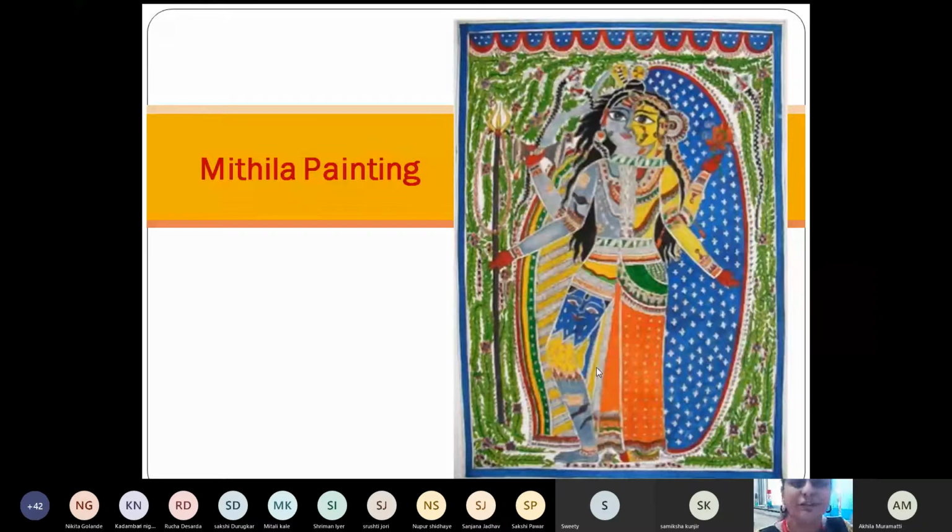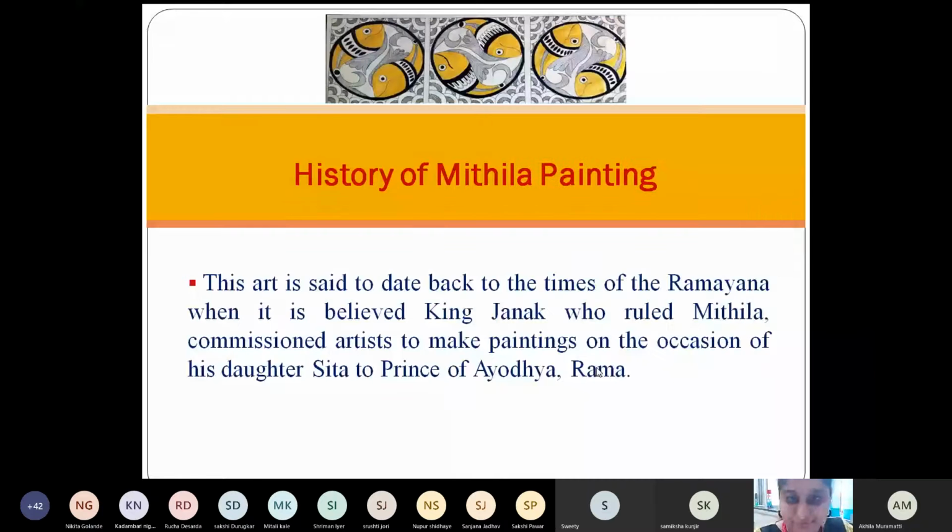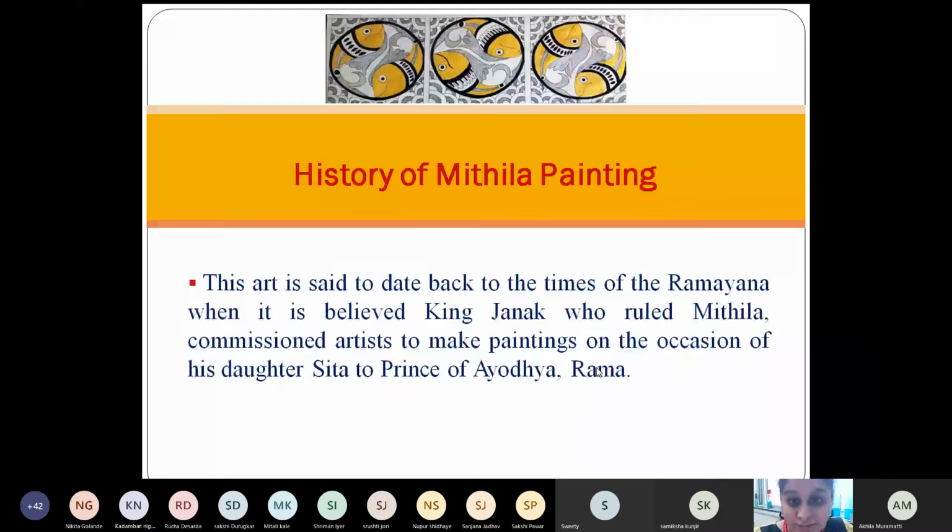So how did Mithila painting actually come into existence? We know the story of Ramayana. When Ram got married to Sita, the king of that kingdom, Janak Maharaj, ordered all the artisans, gathered all of them, and requested them to paint the entire palace and the pathway everywhere with this particular folk painting.